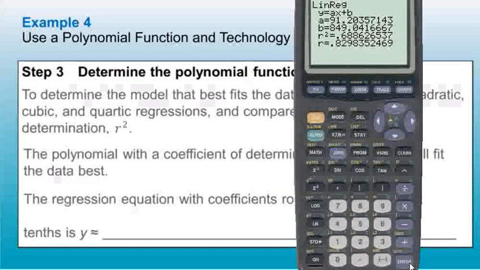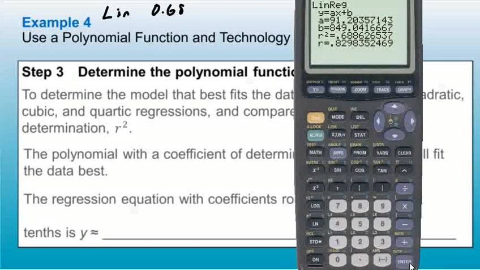And here we have 0.68. Linear was 0.68. So that's not very close to 1. So we know it's not going to be linear.